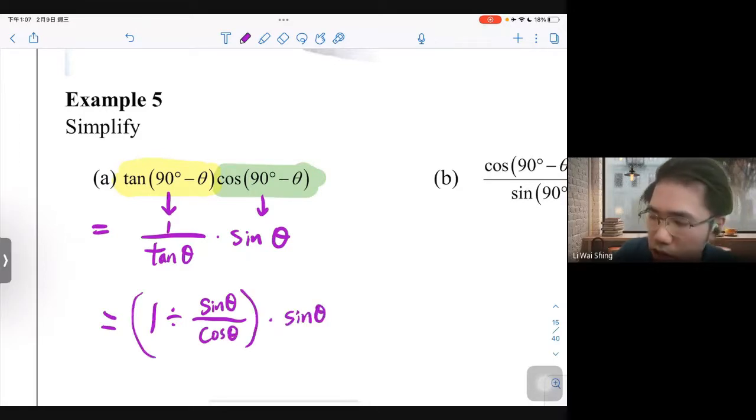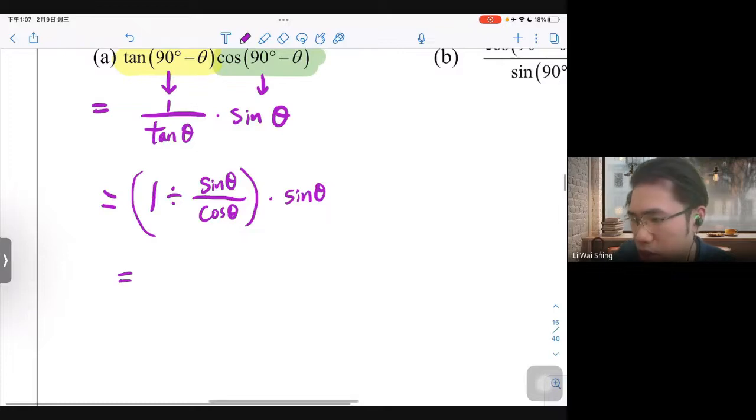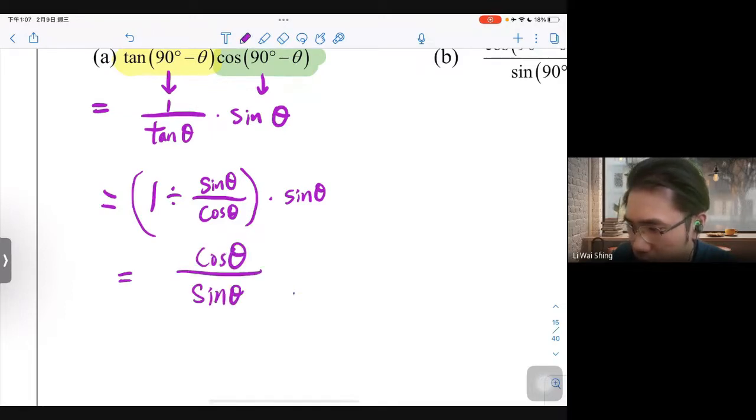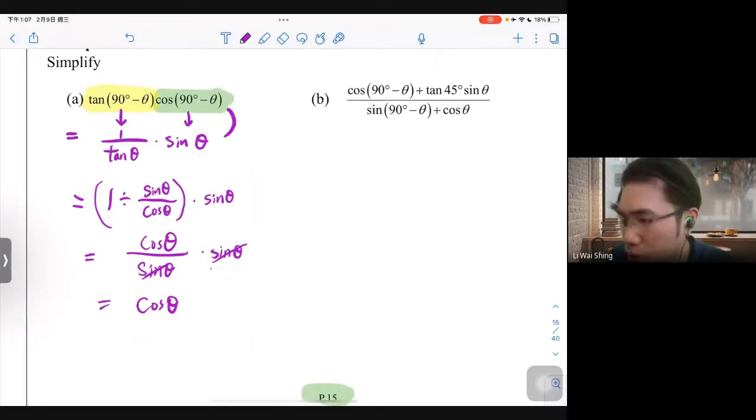Okay, so you can just do the simple calculation. 1 over sine over cosine. So you have sine theta below, cosine theta above. Dividing becomes multiplying, so top and bottom flip. Last, you cancel it, so you have cosine theta. Okay, the most important part is that you know how to do the conversion.